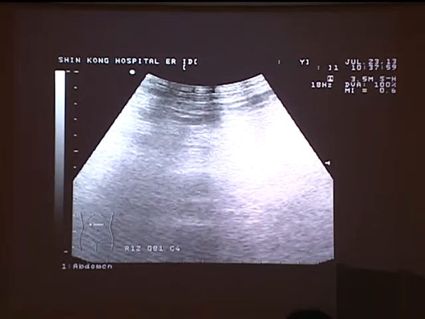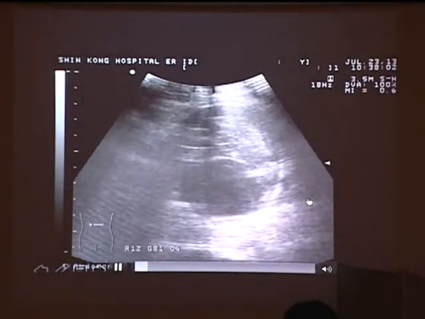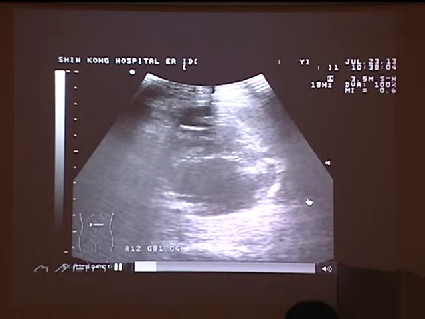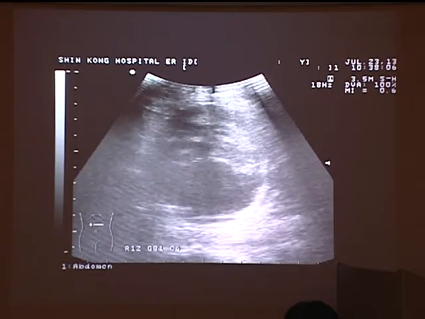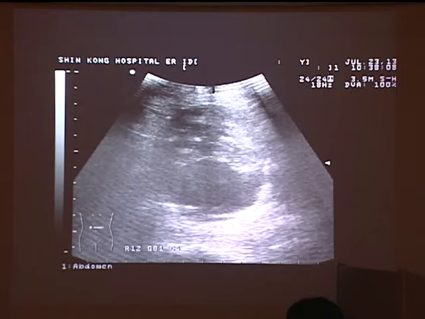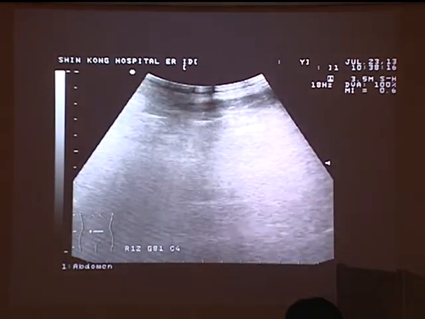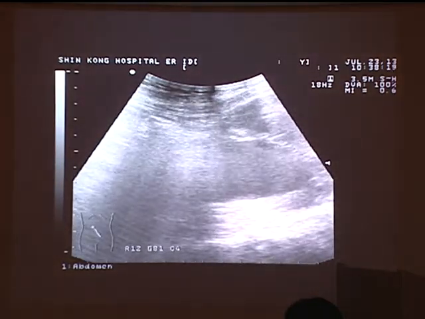Okay, let's see some cases. Here is a 75-year-old male with no symptoms, just transferred to our emergency room due to an incidental finding of abdominal aortic aneurysm. His vital signs are remarkable.